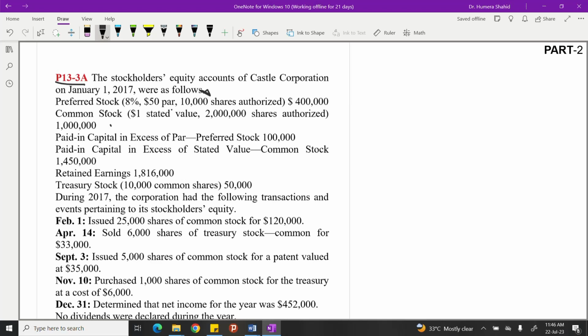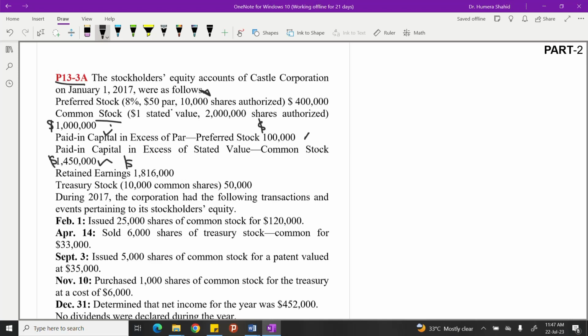Common stock, $1 stated value, and 2 million shares authorized, and the common stock value is 1 million. Then paid in capital in excess of par preferred stock 100,000, paid in capital in excess of stated value common stock 1 million and 450,000. This is in dollars, this is also in dollars.